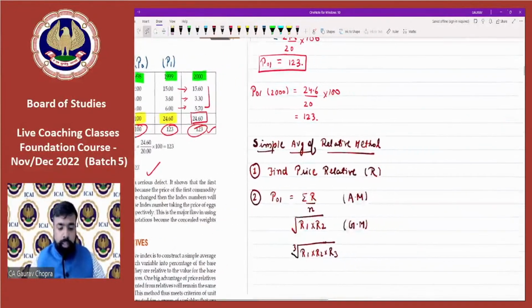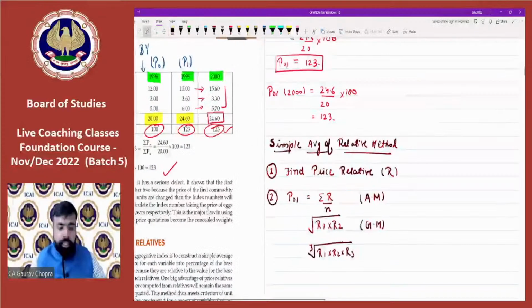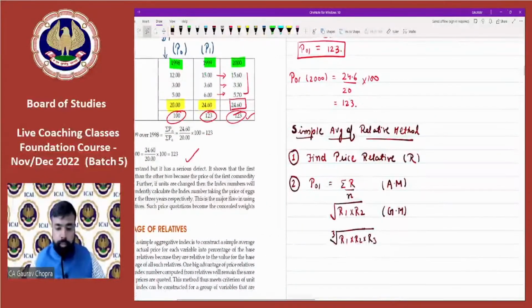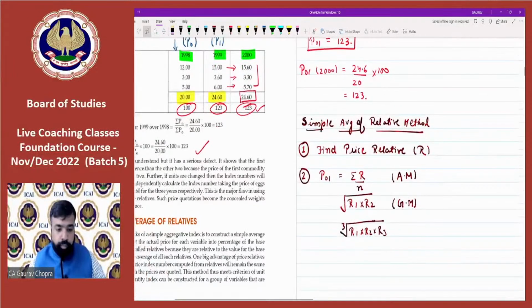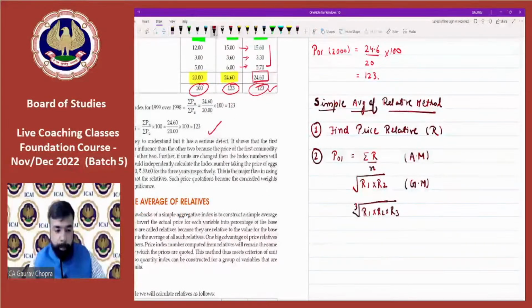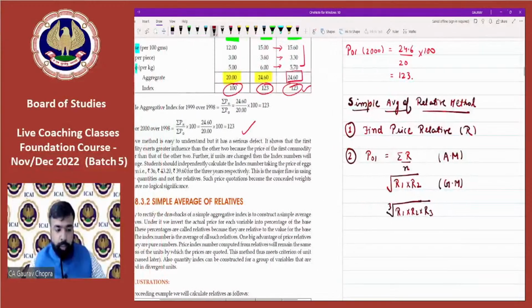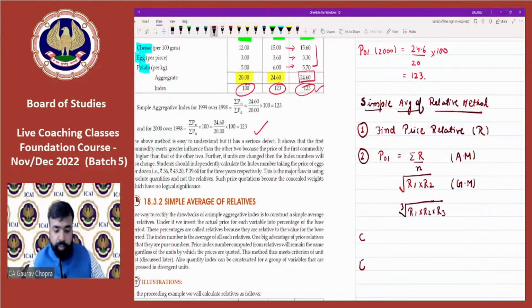So let us take one example, or we can take this same example here. We are having 3 commodities: cheese, egg, and potato.